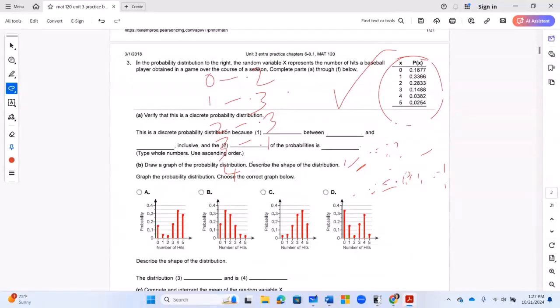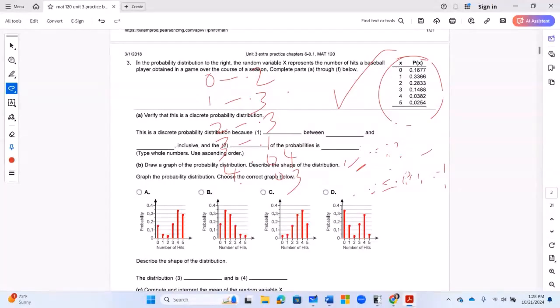Well, let's make it 0.04. And 5 is mapped to 0.03.